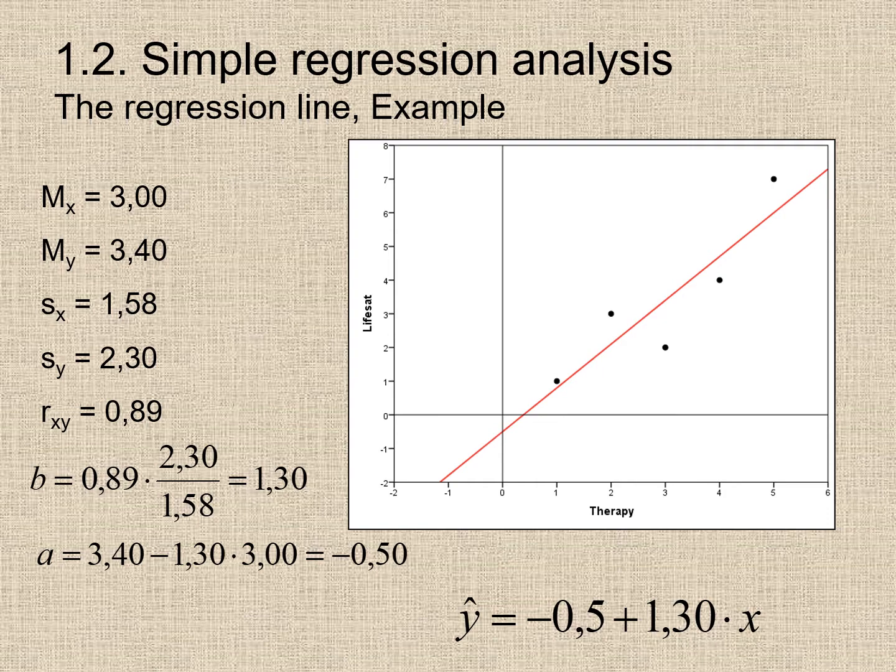But we can't be sure that the association between therapy and life satisfaction remains the same outside this range. Actually, we can be pretty sure that it will not continue in the same fashion. Because if you get 5, we're up at about 6. It can't increase much more than that, because 7 is the upper limit.